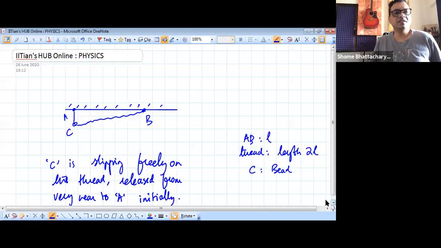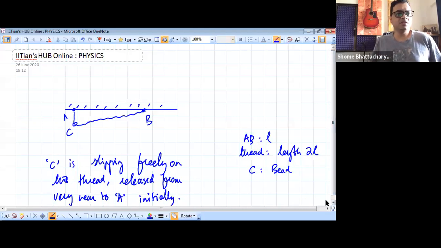So the question is asking that if the rope or the thread tightens, or it becomes taut at a certain instant, let h be the height by which the bead falls when the string becomes taut, and v be the velocity of the bead just after the string becomes taut. Then we have to select some correct option.